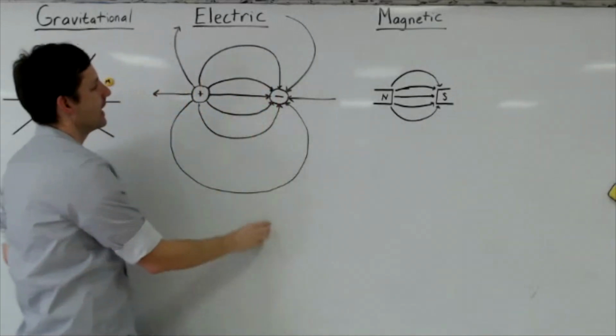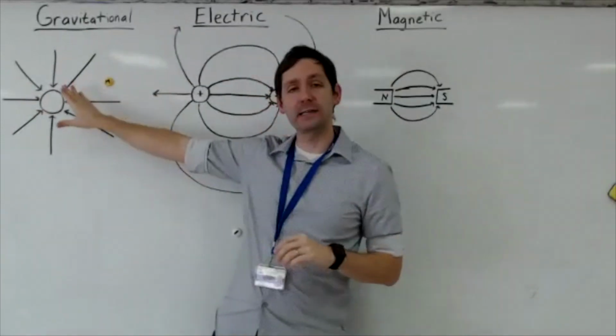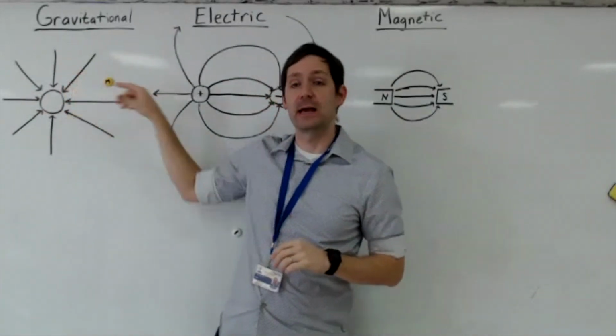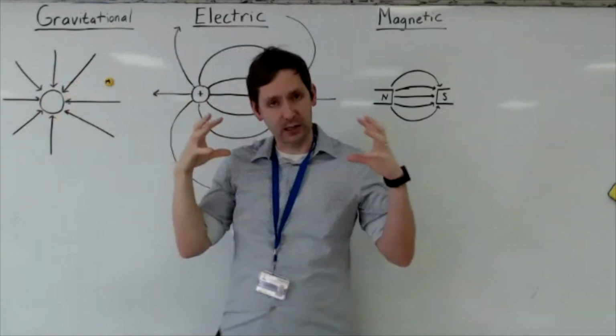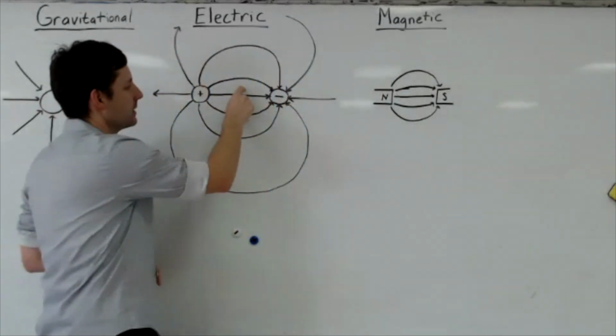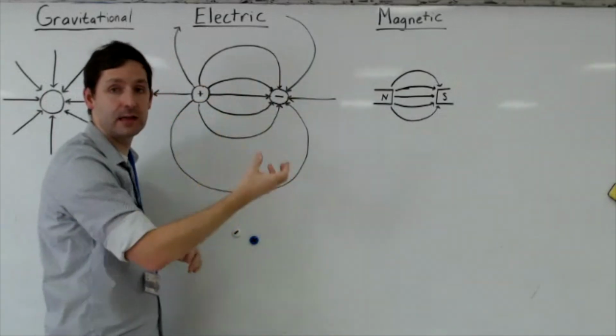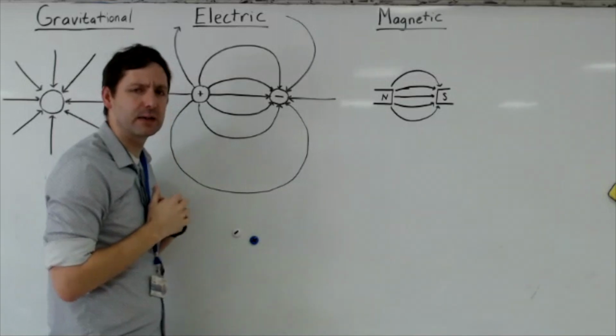Now, in an electric field, remember with the gravitational field, there was one type of mass. It was positive mass, and the field lines were always directly towards the object. In this case, because we have two different things, the positive and the negative, the field lines are a little bit different.